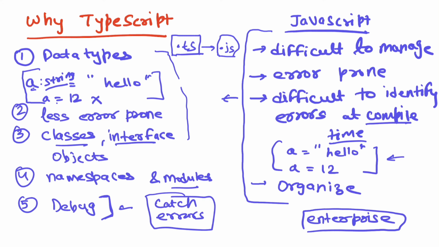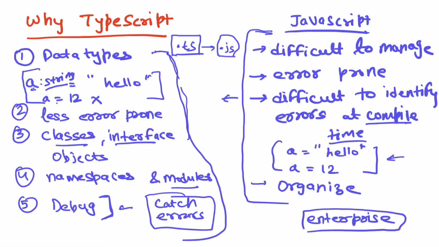So all of the shortfalls which we discussed are covered by the TypeScript language, and that is why it is also called a superset of JavaScript. Whatever you have in JavaScript, you continue to use along with certain added features. All of these features are added over JavaScript.